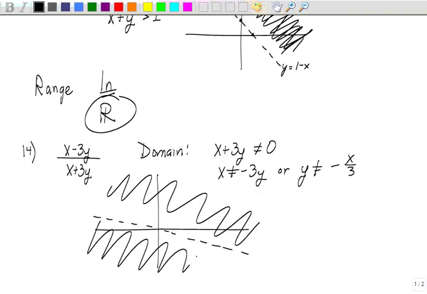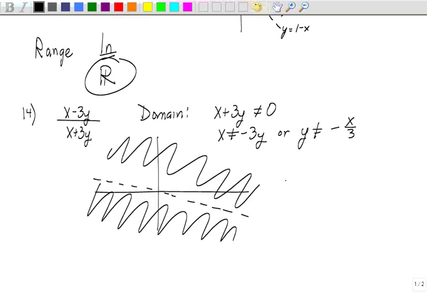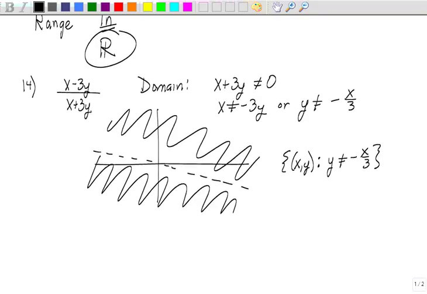The dotted line means you don't include the line. So the domain could be, if you want to write it specifically, all ordered pairs such that y does not equal negative x over 3, or x does not equal negative 3y.